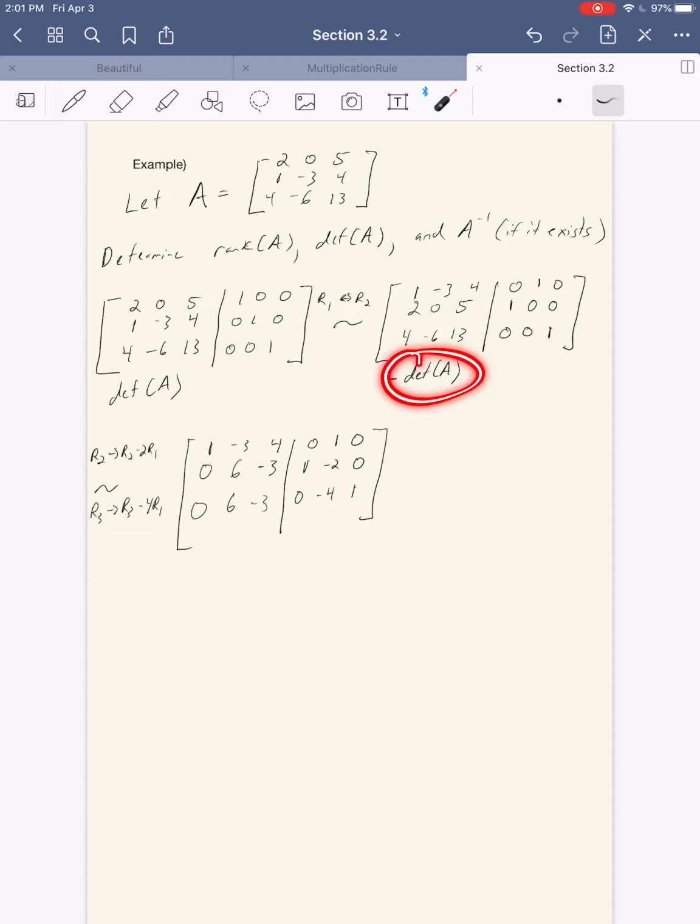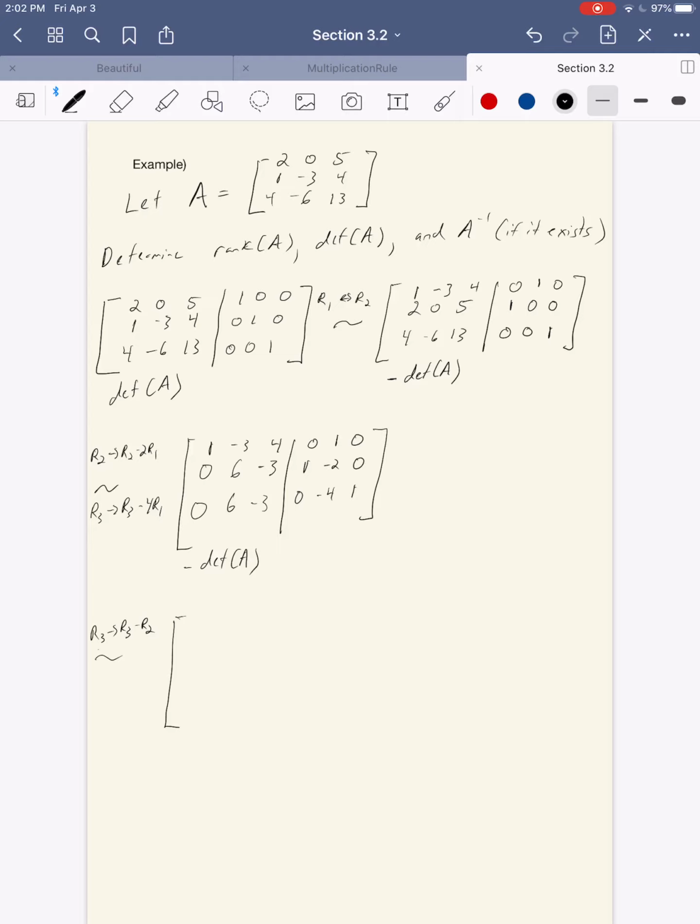This matrix had negative the determinant of A. These operations do not impact the determinant, so we get negative the determinant of A here as well, if we're keeping track of that. Now, again, we could divide everything through here by 6, but we should be able to recognize we can zero this entire row just by directly using this row. So let's go ahead and replace row 3 with row 3 minus row 2.